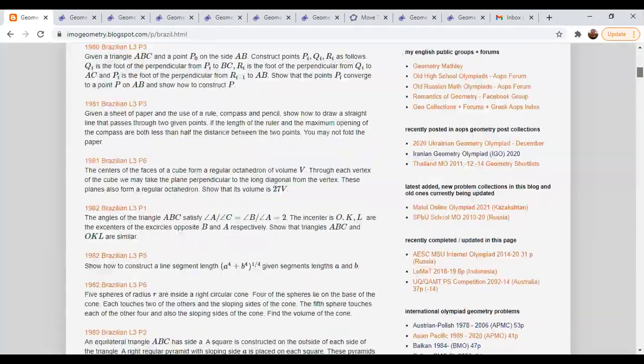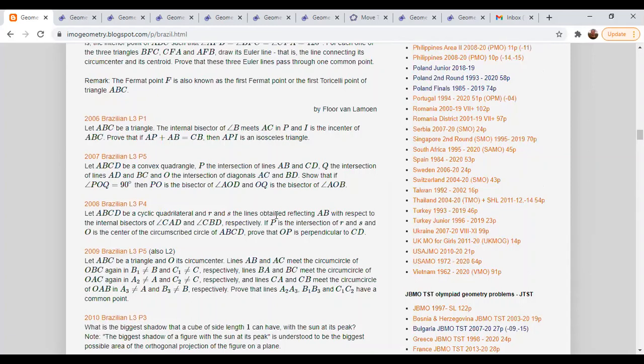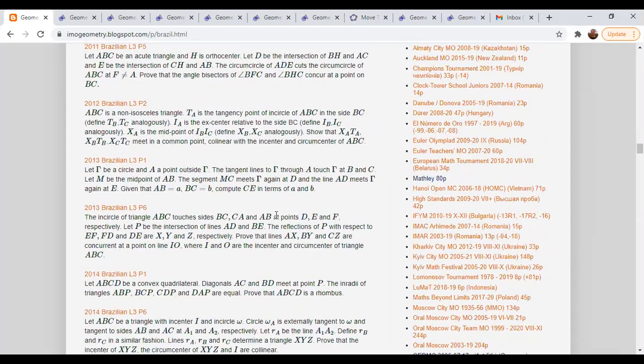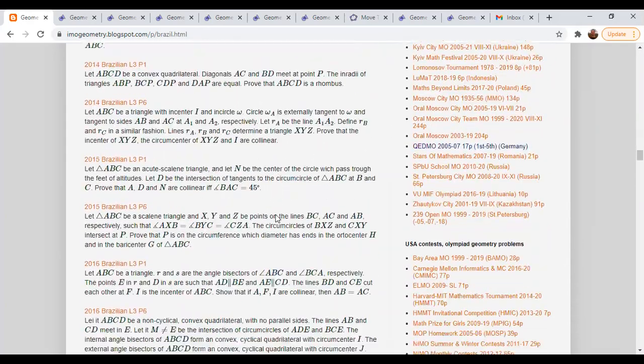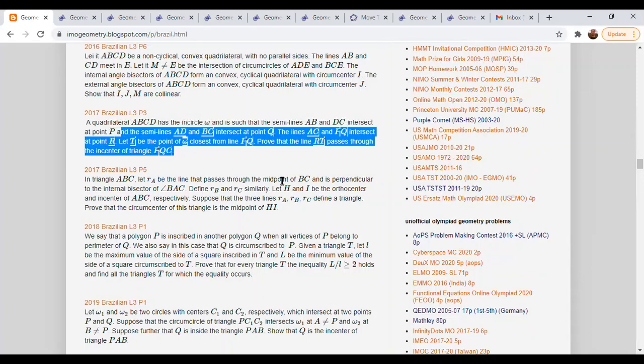Level 3, yeah. There's a problem. Very nice. I've never tried it, but it looks like a lot. It's 2017. All right, let's check it out. Yeah, problem 5, P5.